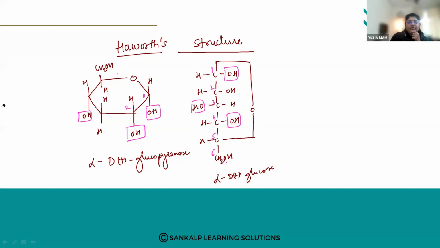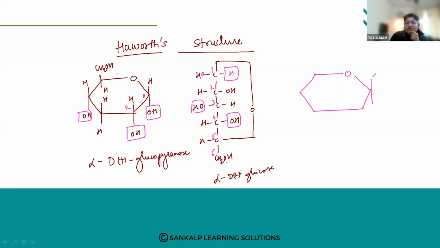Now I'll write the Haworth structure for beta-D-glucose. What is the difference? Here it will be OH and here it will be H. So first draw a six-membered ring.